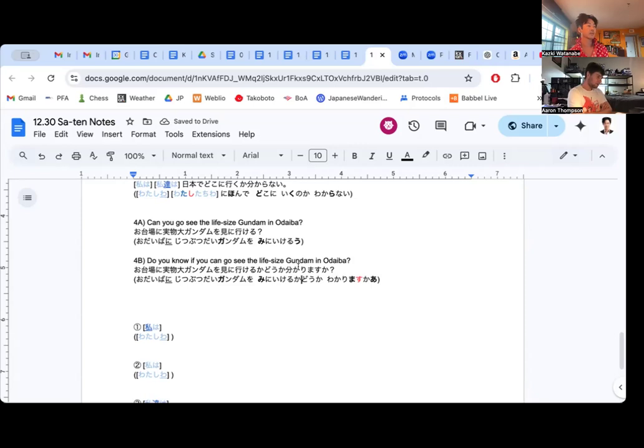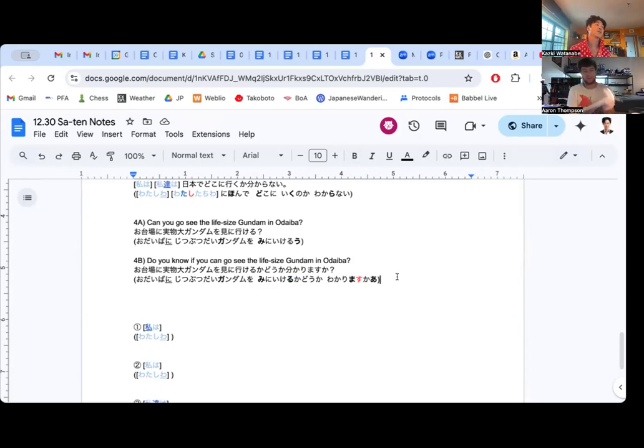お台場に実物大ガンダムを見に行きますか？ 見に来ますか, okay, is "are you going to see?" Now I want you to say, can you go see? お台場に実物大ガンダムを見に行けますか？ Yeah, 見に行けますか.